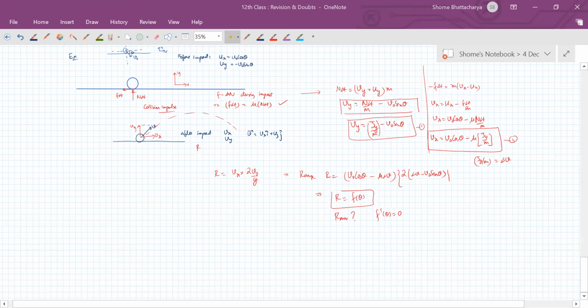Achha, you used the AM-GM concept while solving it, okay, on the last example. So you have maximized the range by using AM-GM.